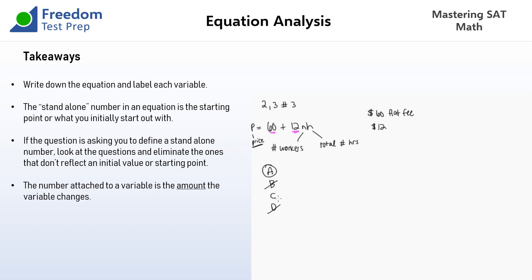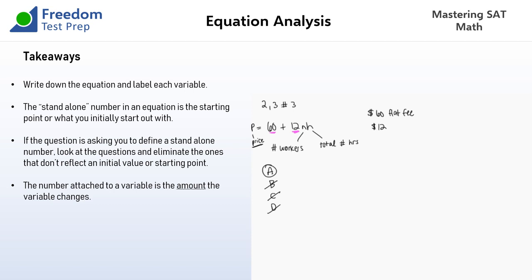A is the one that makes sense. C doesn't really work. But I will tell you that even if you got it down to A and C and then you weren't really sure, at that point you've got a 50-50 shot of getting it right. So you can feel fine just guessing. Even if you don't know, you got a pretty good shot of getting some points there.